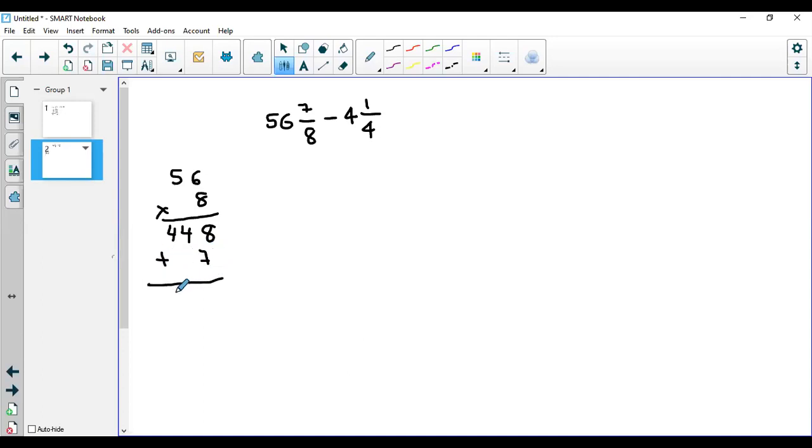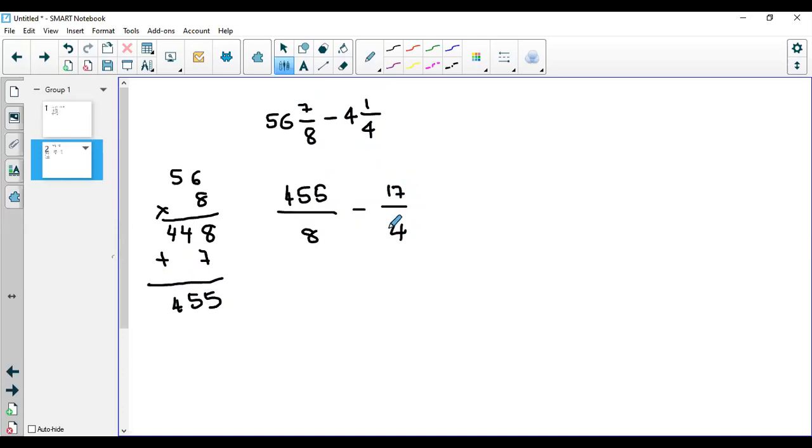That's going to give you 455. So once you rename this into an improper fraction, that's 455 over 8 minus, now let's change this also, 4 4s are 16, 16 plus 1 is 17, so 17 over 4.